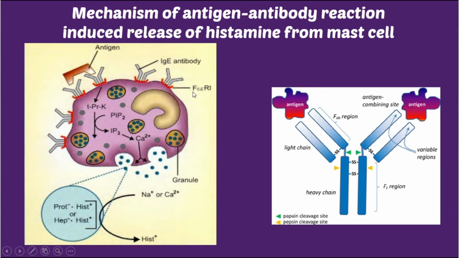Whenever there is entry of antigen into the blood system, specific antibodies are synthesized, let's say immunoglobulin E. Now this immunoglobulin E will bind on the surface of mast cell. There are specific receptors called Fc epsilon receptor 1 present on the mast cell where this immunoglobulin E will bind. Now this immunoglobulin E will ultimately bind with antigen and induce a reaction inside the cell.